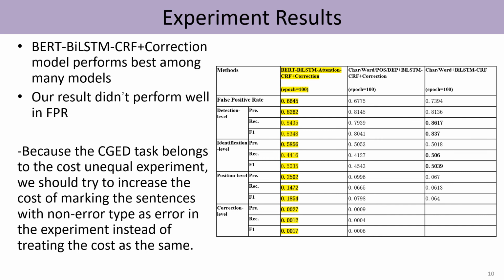We also found that our result didn't perform well in FPR because the CGED task belongs to the cost-unequal experiment. We should try to increase the cost of marking a sentence with non-error type as error in the experiment instead of treating the cost as the same.